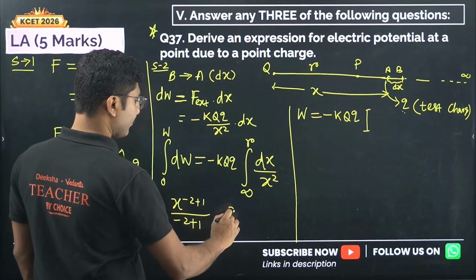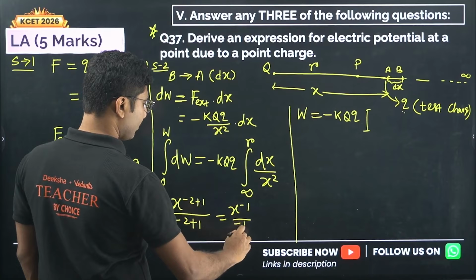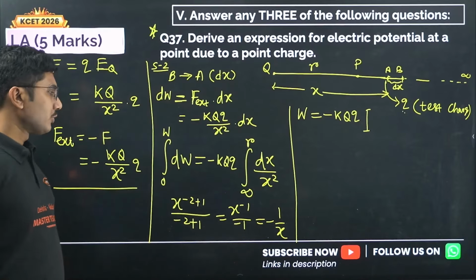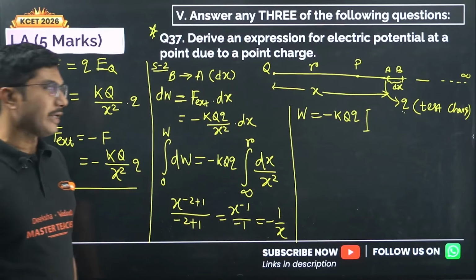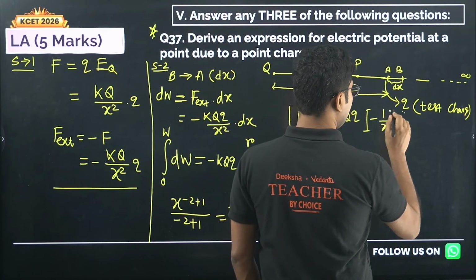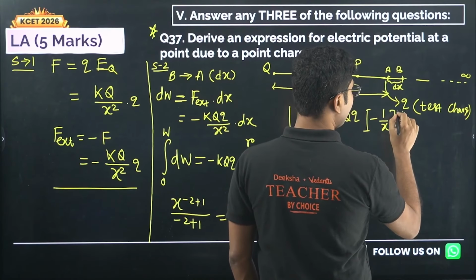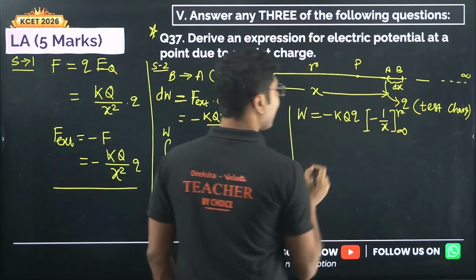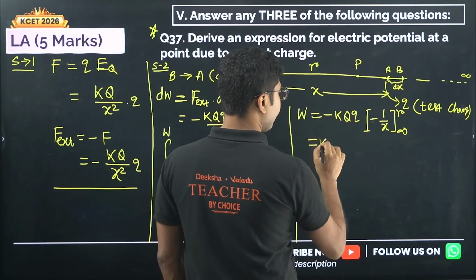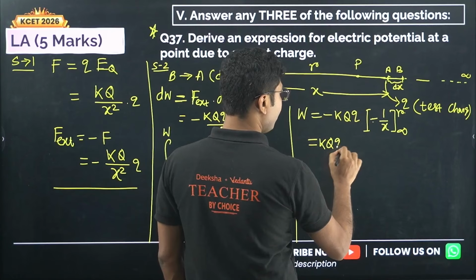So you get x to the power of minus 1 by minus 1, that is minus 1 upon x. So this is the integration of 1 upon x square. So you get minus 1 upon x, limit infinity to r. Now the minus value is common, so this will come out. So minus will be plus. So we get K Q q.